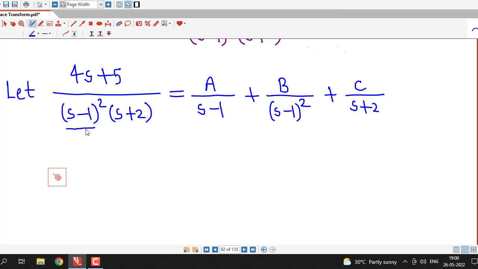After writing it this way we try to find the values of these constants A, B, C. For that we multiply this whole equation by (s minus 1) squared into (s plus 2). On the left hand side we will have 4s plus 5.